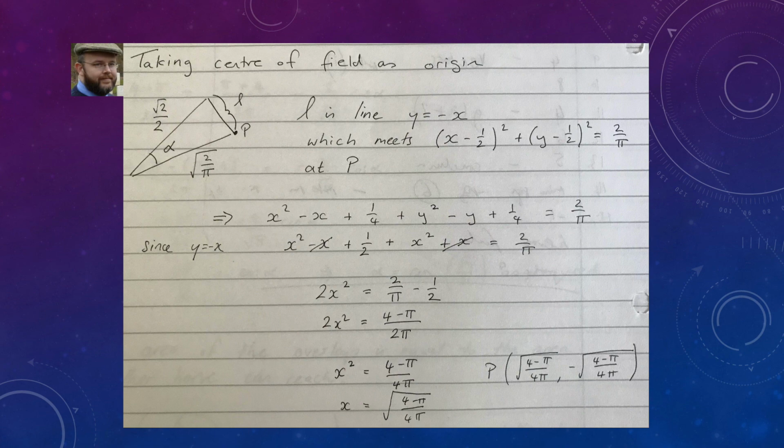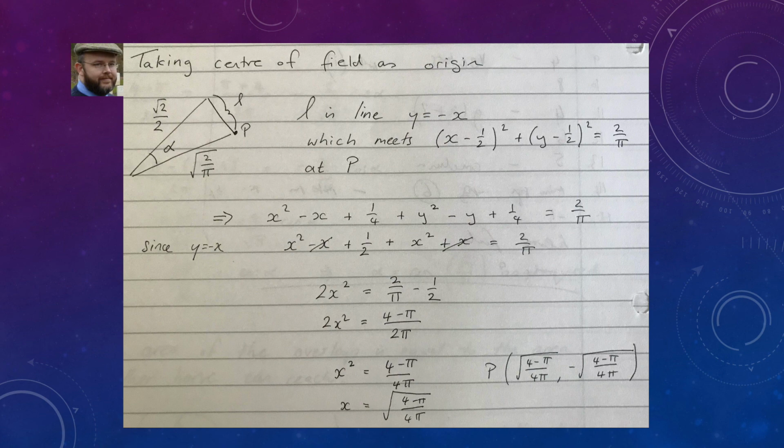The total diagonal is obviously root 2, so the upper length of my triangle is going to be root 2 over 2, and we've already worked out the radius of the circle, which is going to be root 2 over pi. So I've got two sides of a triangle. All I need, to work out the cosine of the angle and use the cosine rule, is to find that length from the centre to a point I'm calling P.